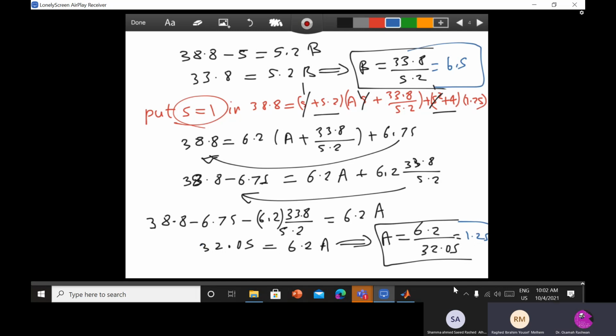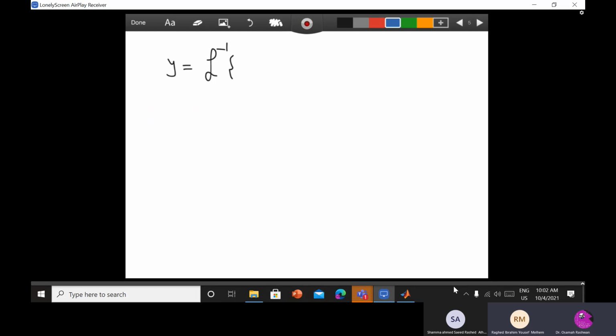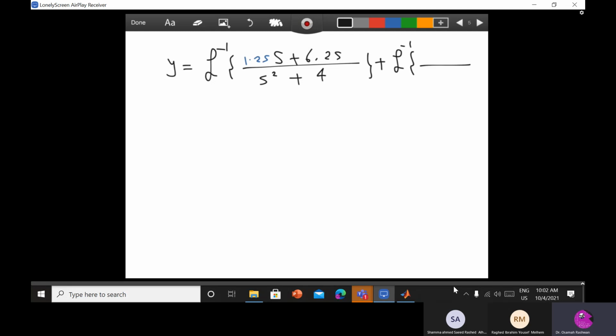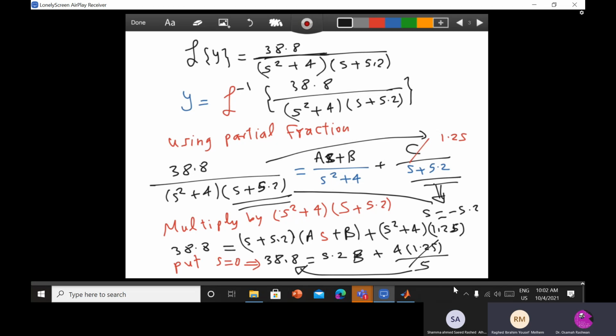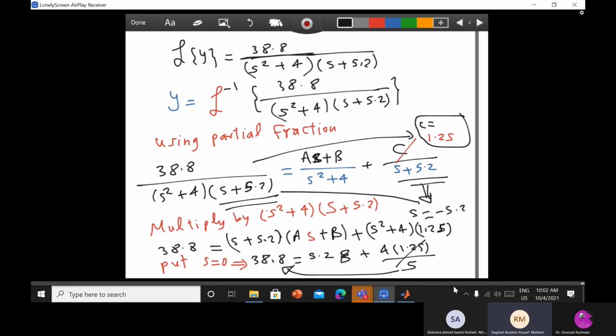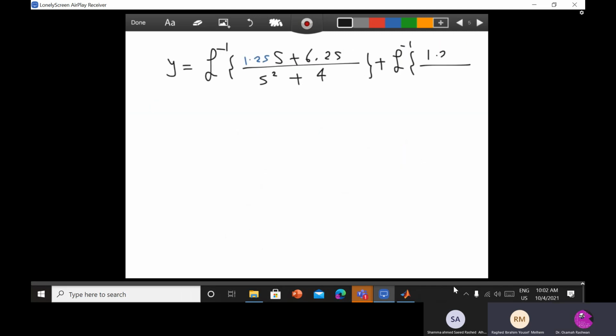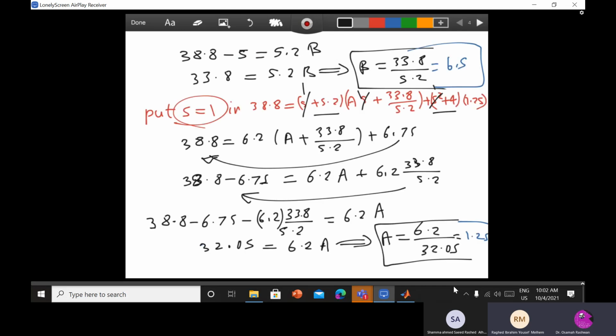So A is 1.25, so I have 1.25 S plus B, which is 6.25, over S squared plus 4, plus Laplace inverse for C. What is C? Yes, C is 1.25, over S plus 5.2.